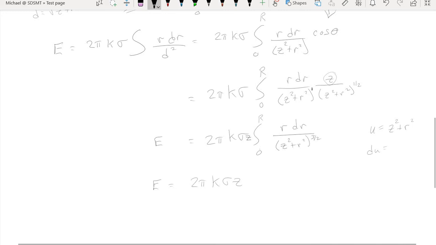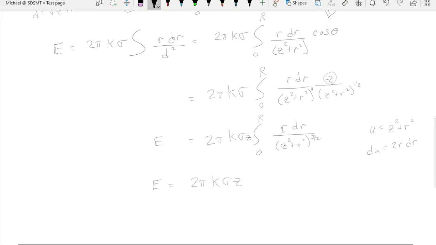And so du would then be 2r dr. And will that fit into what we have? And it looks like it will work. We have the necessary r value in the numerator.